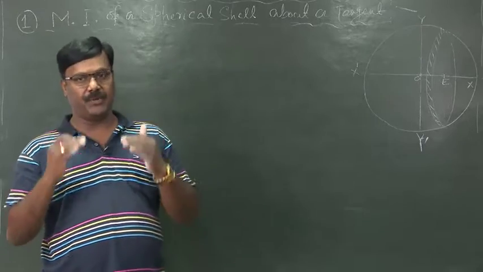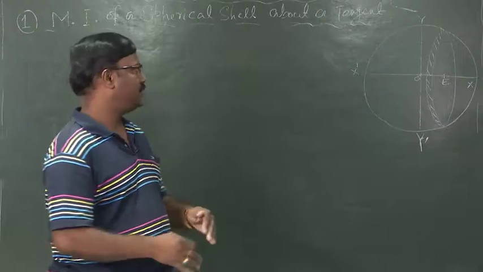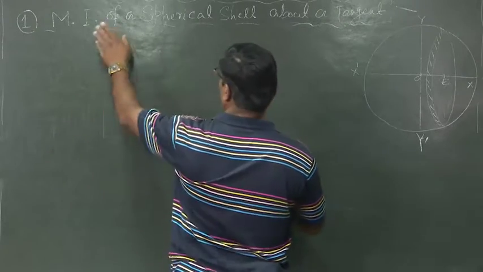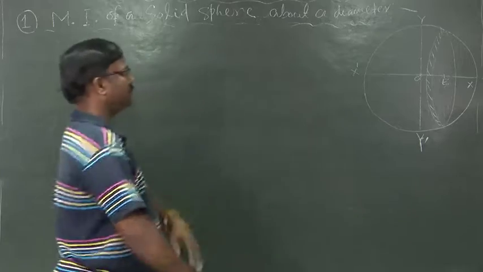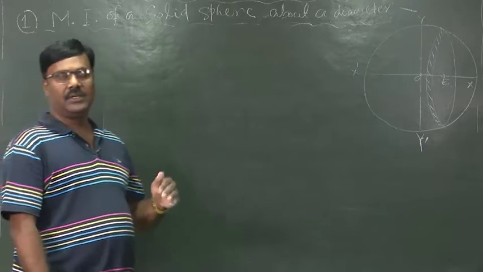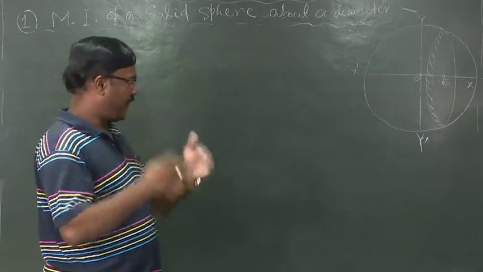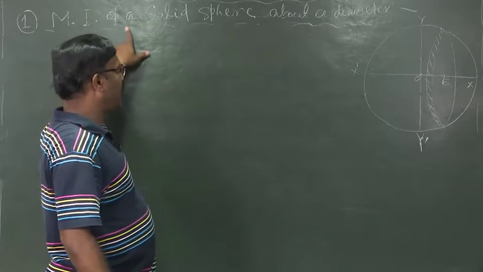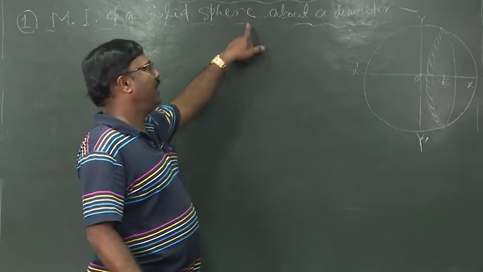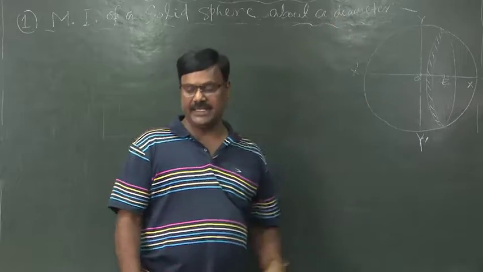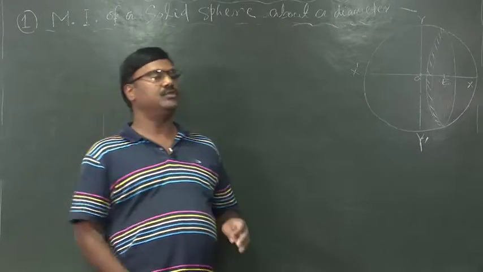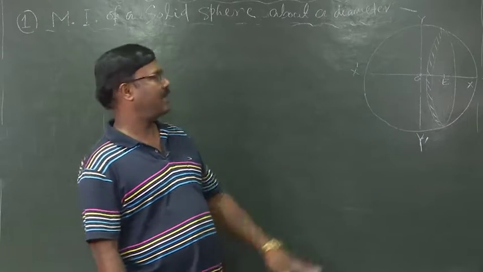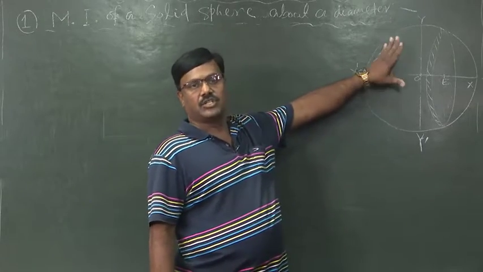Now our topic is to find out the moment of inertia of a solid sphere about one of its diameters, for which what we have to do? We have to first consider a solid sphere.